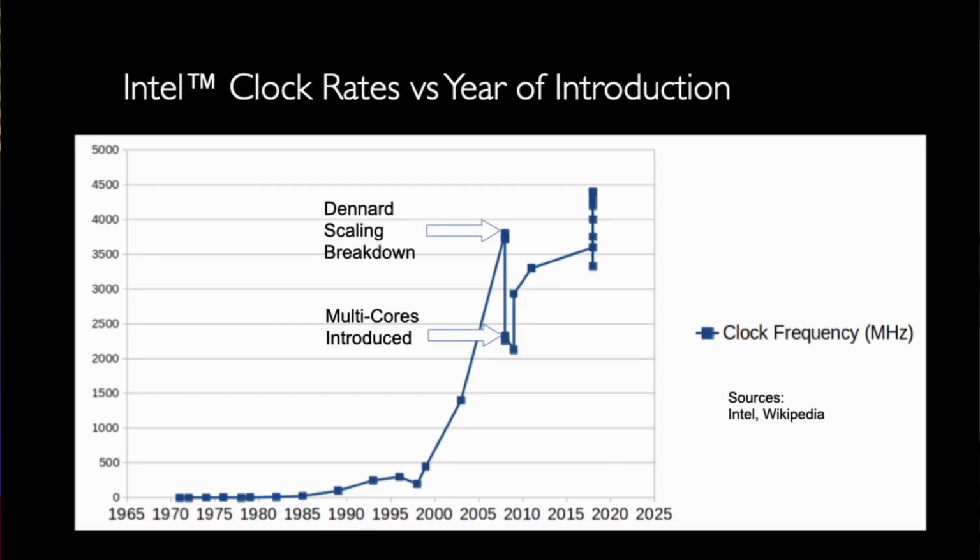So how did that work? Well, right up until about the year 2000, it was kind of right on, but as the clock frequencies came up, we started seeing a rise in the breakdown of Dennard scaling.